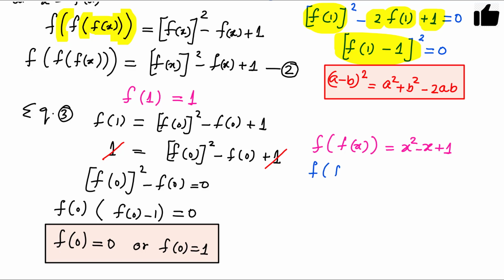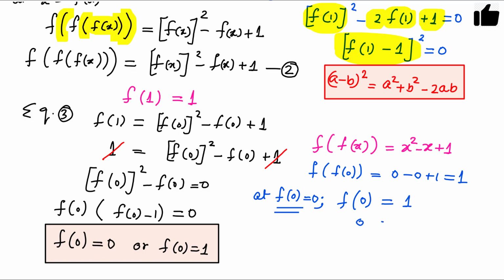You will have f(f(0)) = 0 − 0 + 1, which equals 1. Now the first solution is f(0) = 0. If you plug in this solution, you will have f(f(0)) as f(0), which is 0, and this side you have 1. So 0 is not equal to 1, and this solution is rejected. It does not satisfy the original equation.